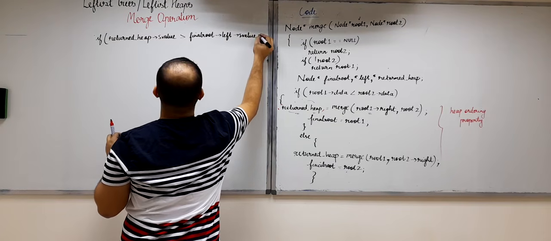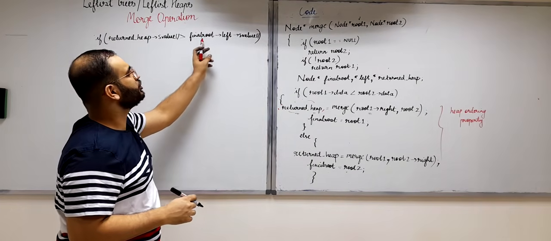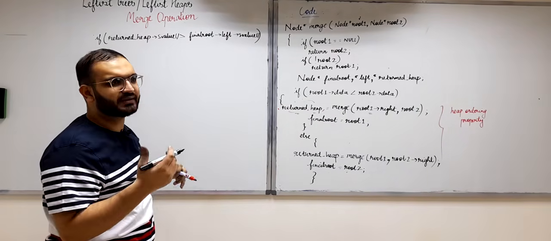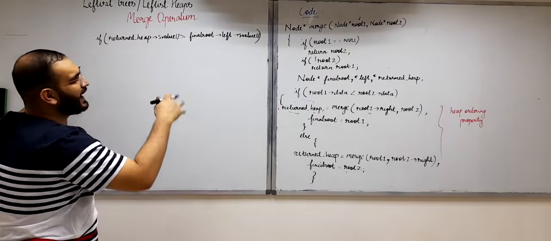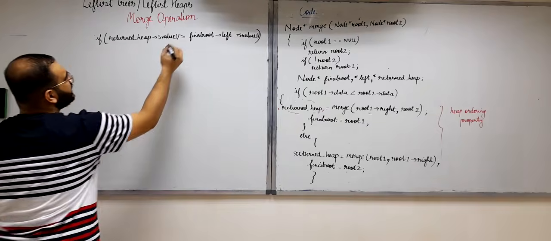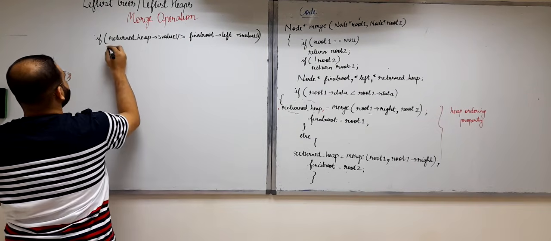What is the meaning of the final root's left S value? Why are we comparing it with the final root's left child's S value? Because we want to compare the S value of the left child and the returned heap, right? That is what we saw in the example. So if it is greater, that means a swapping will be performed, right? In this case, a swapping will be performed.